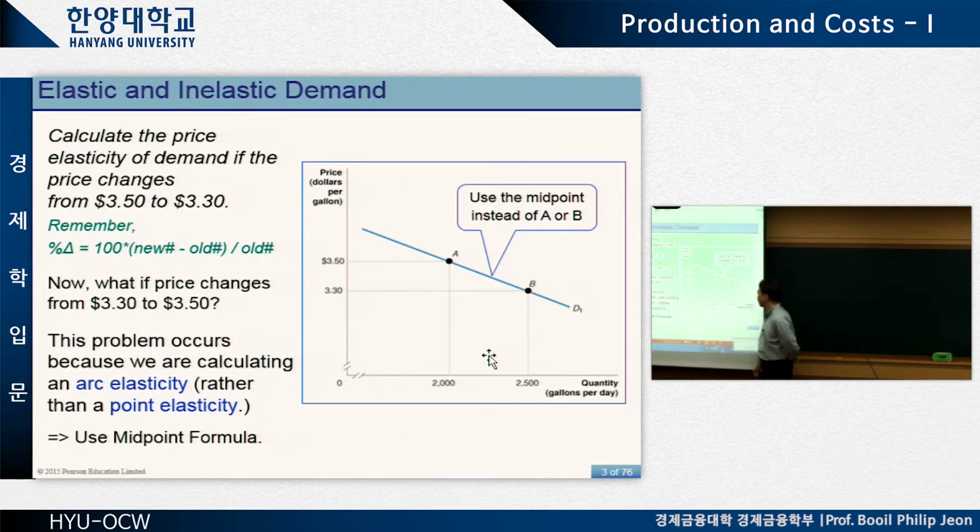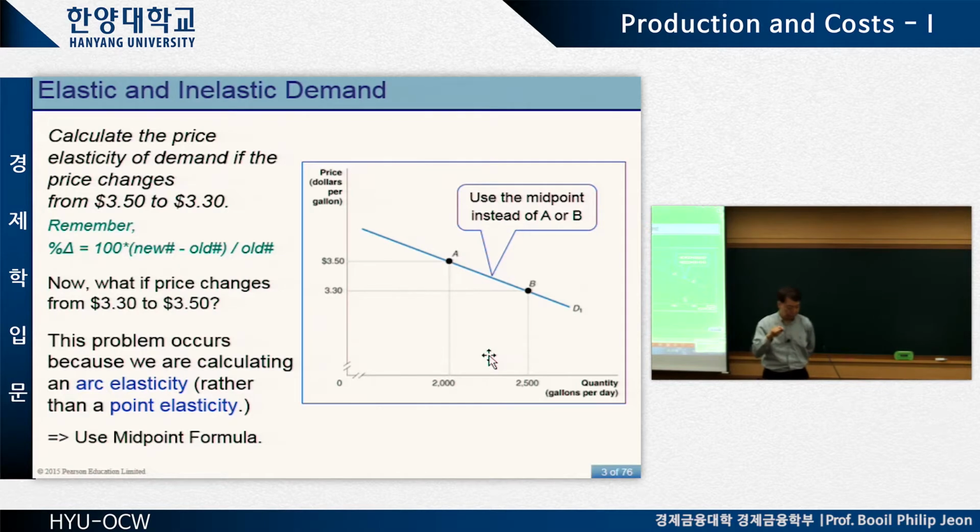The problem was that we were calculating arc elasticity rather than point elasticity. In other words, in this course, we are calculating elasticity between point A and point B, or on a segment of a demand curve, rather than at one single point.